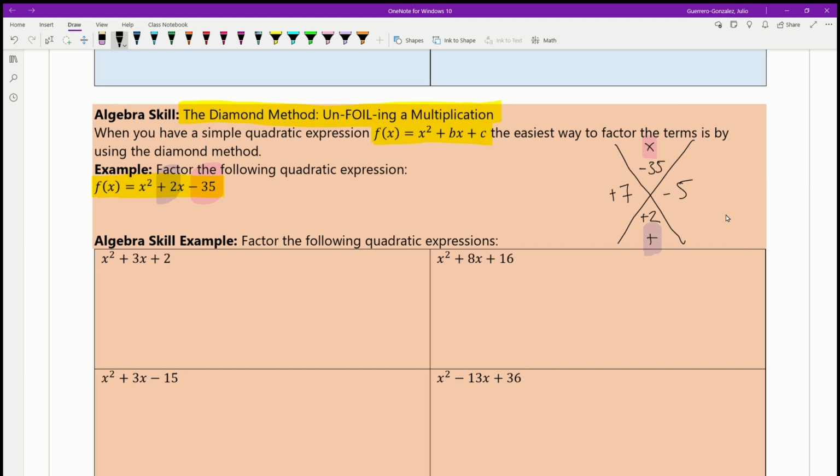That is it. So what happens here is this. You see these two numbers right here? I'm going to highlight them in green. x plus 7, x minus 5. And we're done. That is it. Boom.